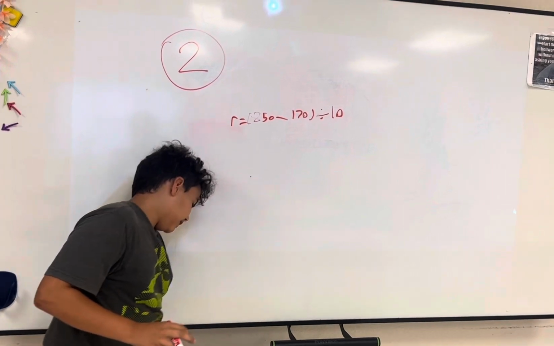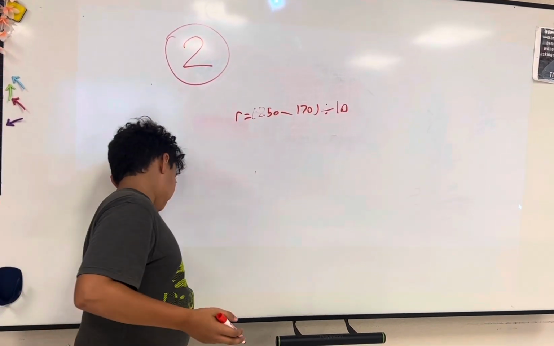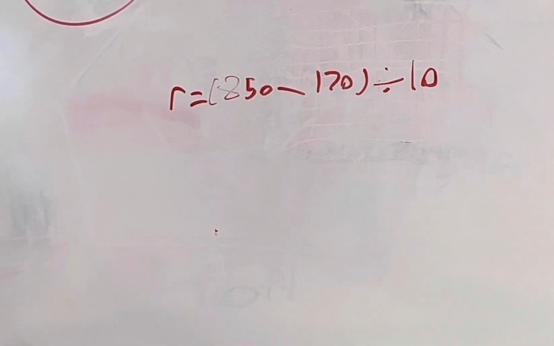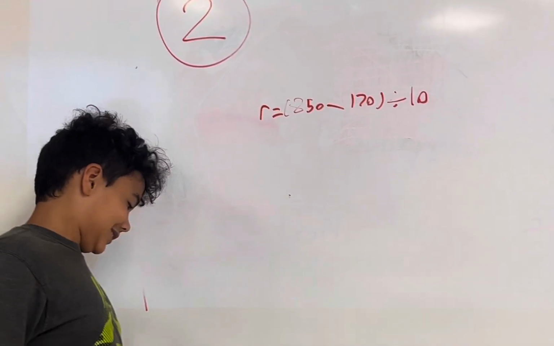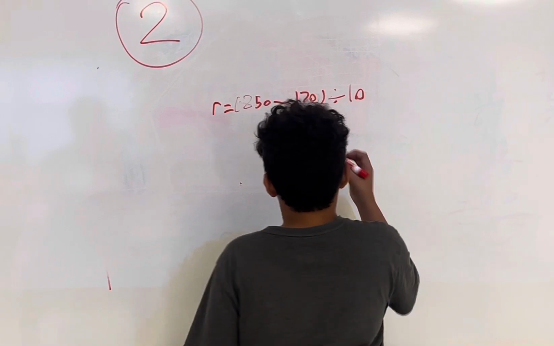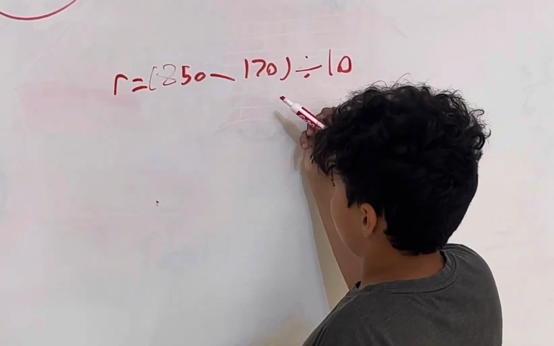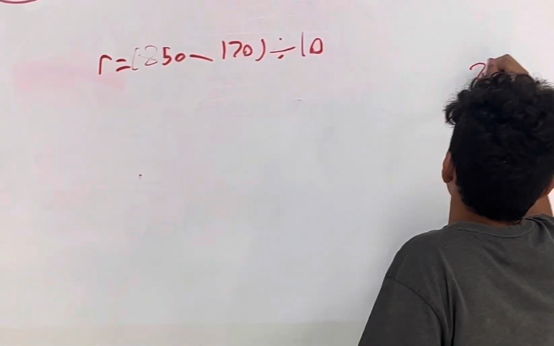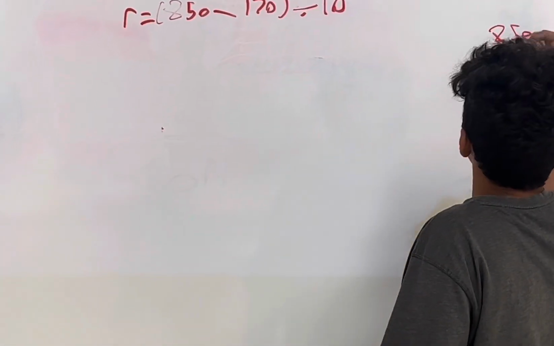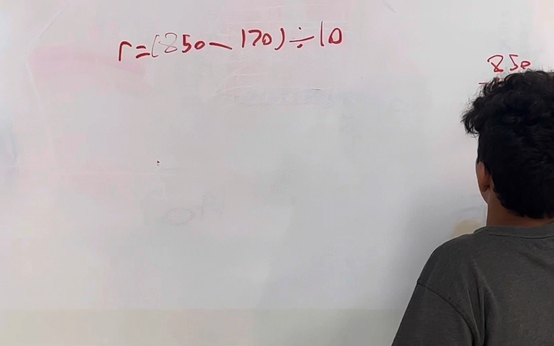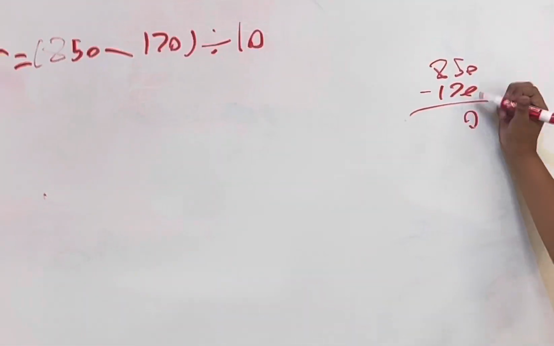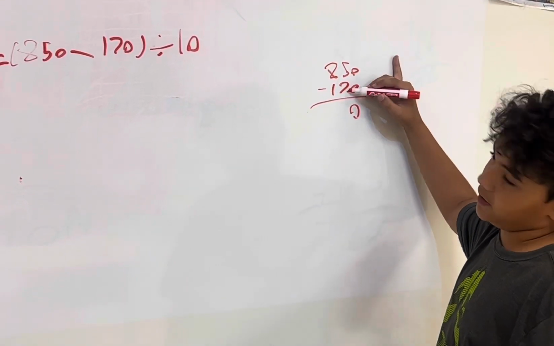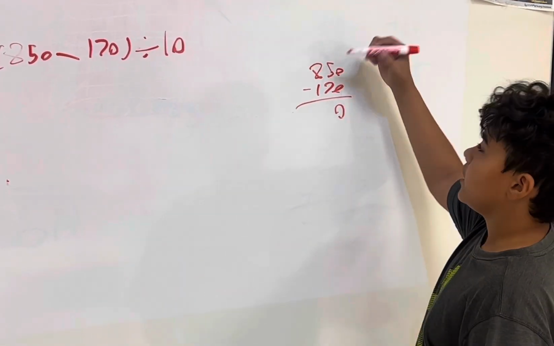I'm going to explain how to find a ratio of 29, which this is the question right here on the board. And it says, how many yards did Nick rake? So, first of all, when it's in parentheses, you would do that first. So I would do on the side 850 minus 170, and 0 minus 0 is that, but this is a smaller number than that one because that one's bigger, and we can't do that.